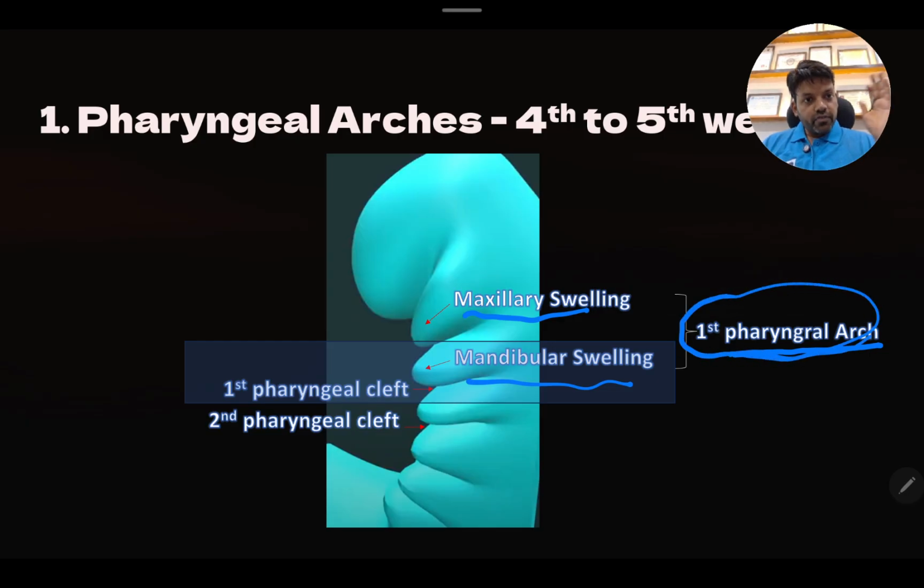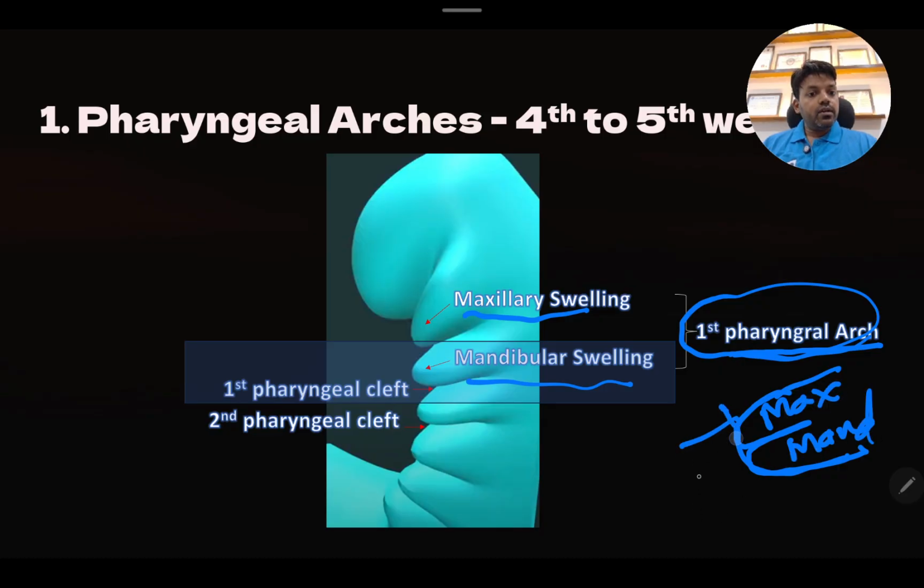Out of the pharyngeal arch, you can imagine there is already an arch, a structure like this. Now in this also, after a point, one part is maxillary and another is mandibular. So there are two swellings.